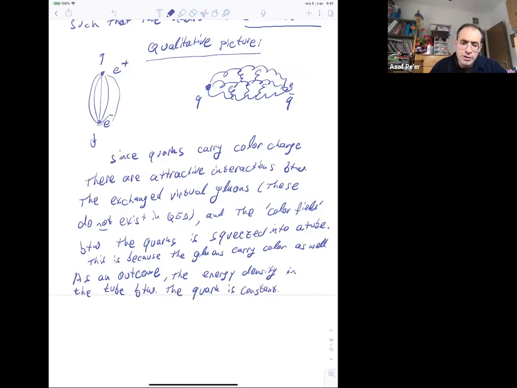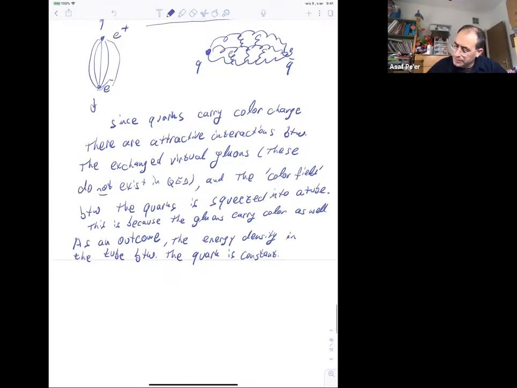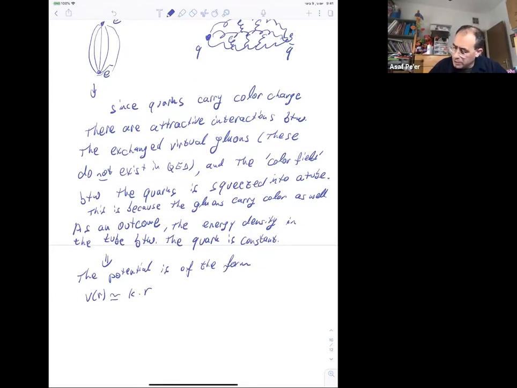So the total energy stored in the field is proportional to the separation of the quarks, giving a potential of the form V(R) = K times R, where the constant K is of the order of 1 GeV per femtometer.